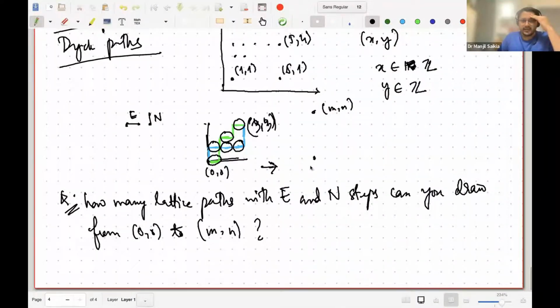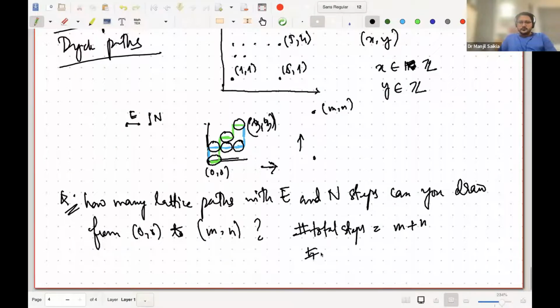So you have to take m steps to the east, and you have to take n north steps to the top to reach (m, n). So in total, the number of total steps is equal to m plus n, the number of E steps is equal to m, and the number of north steps is equal to n.